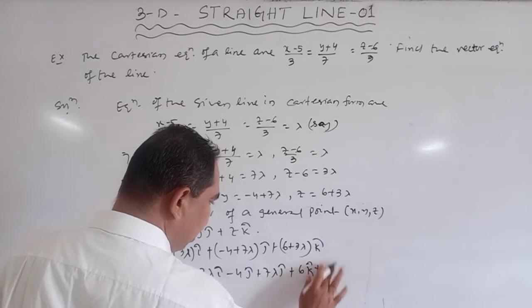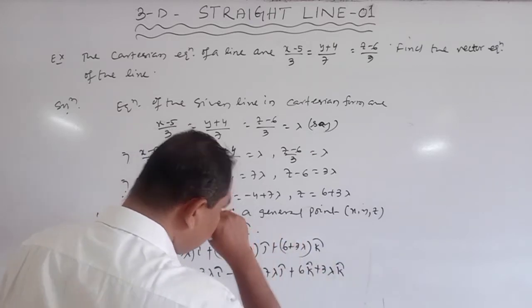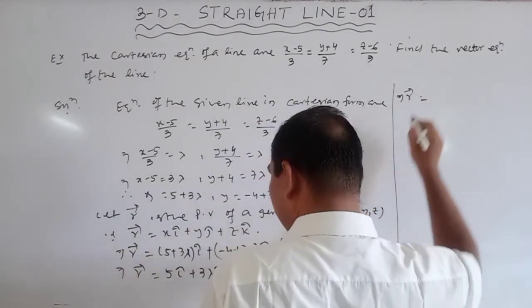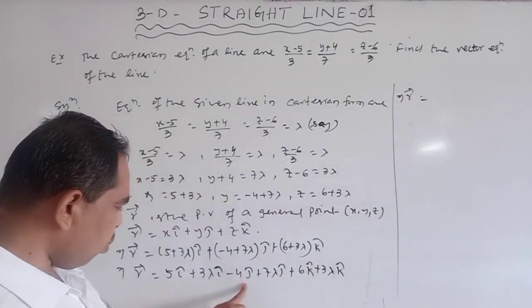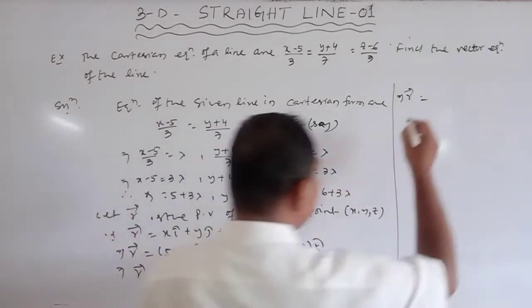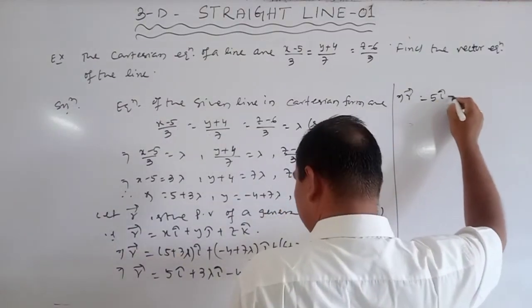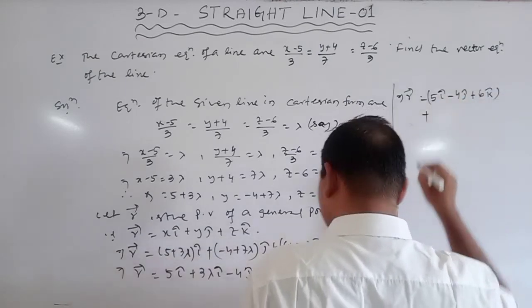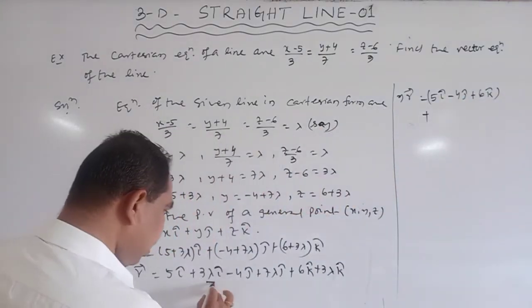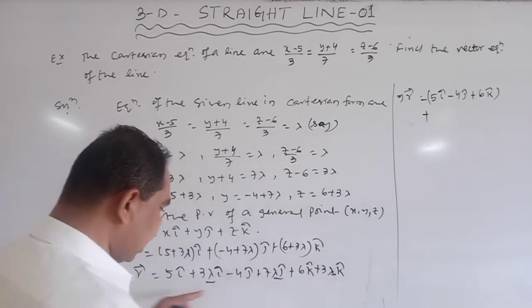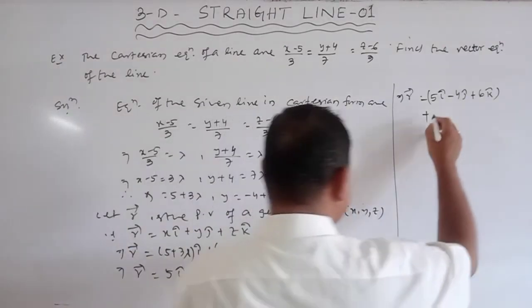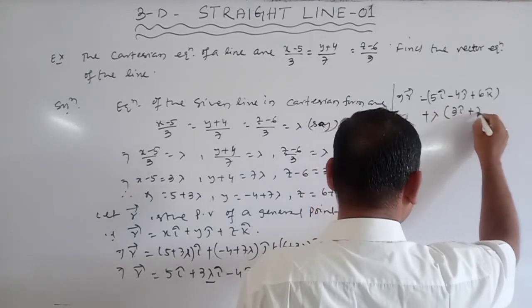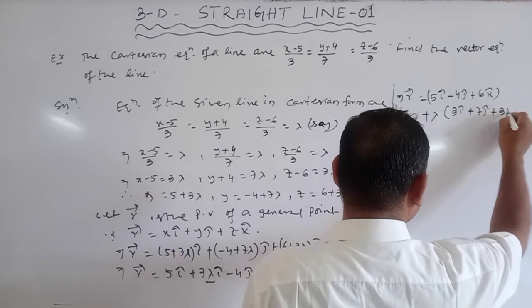So r vector is equal to 5i cap minus 4j cap plus 6k cap plus lambda, taking lambda as common, times 3i cap plus 7j cap plus 3k cap.